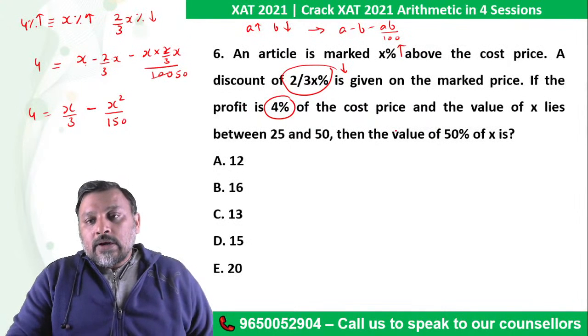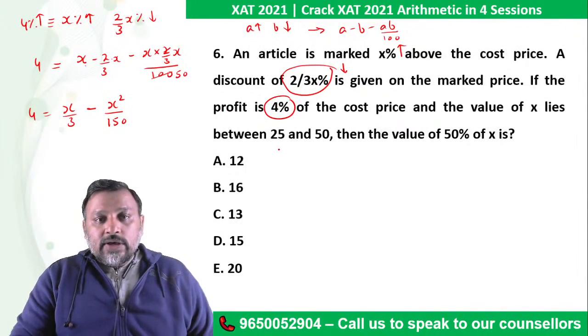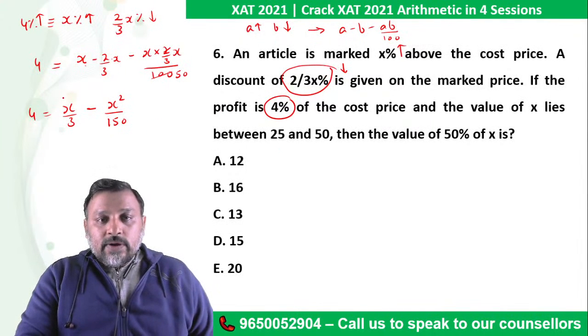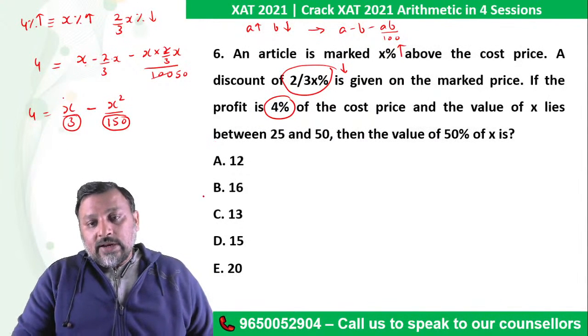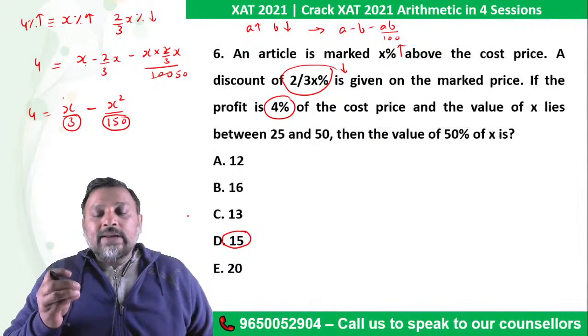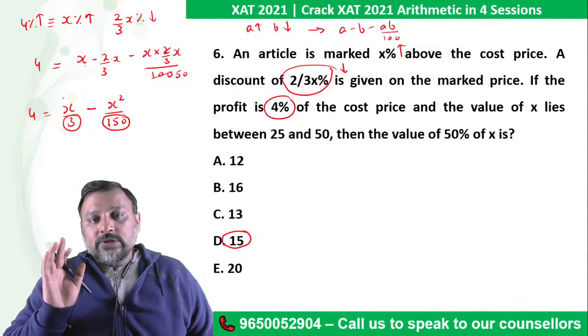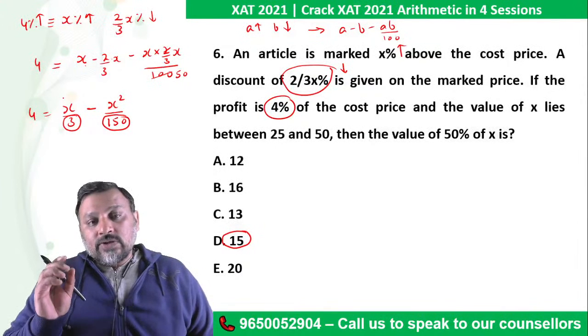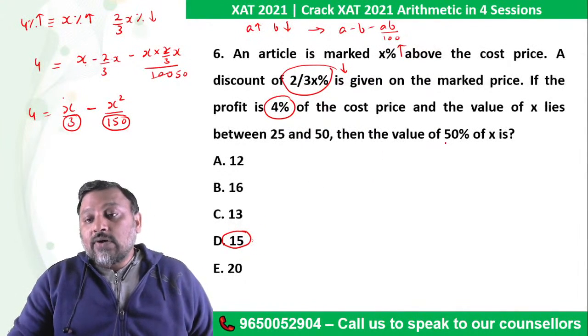Okay. So now these are the options given. If you rearrange this a little, this is a multiple of 3, this is a multiple of 3, this is a multiple of 3. So first let's check an option which is also a multiple of 3. See, to get easier values and reduce calculation, you should always start with the easiest option. Since you had 3 and the denominator had 150, I am starting with this, and this is 50% of x.